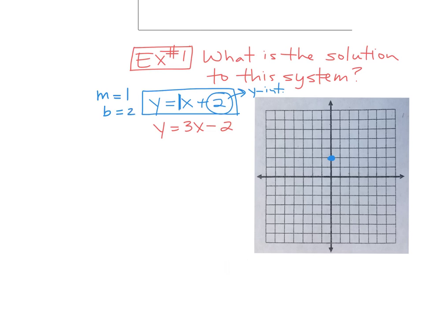So with a slope of 1, I start at my y-intercept, and I plot that slope of 1, which means I move where? Up 1, over 1, because the number 1 is like 1 over 1. So you're going to go up 1 over 1 and plot a point.